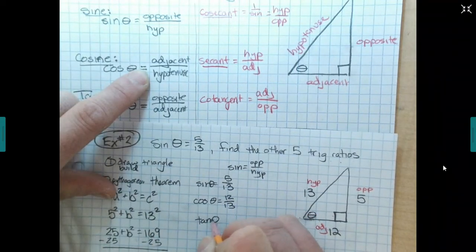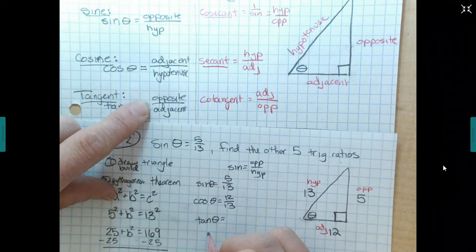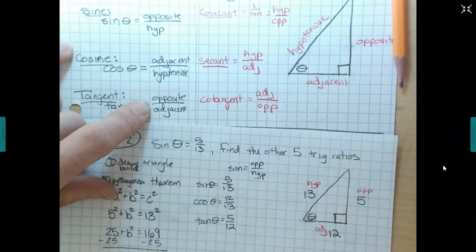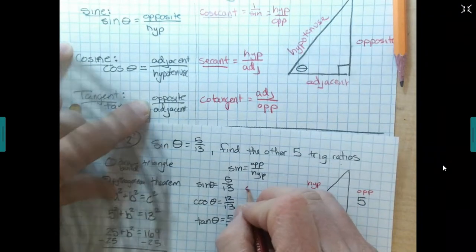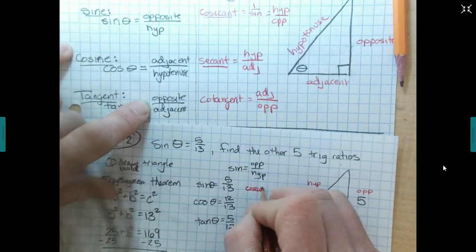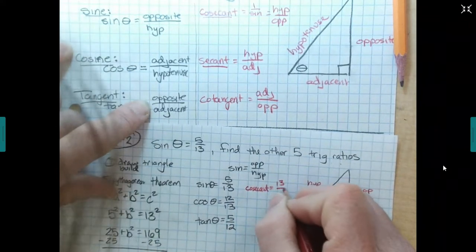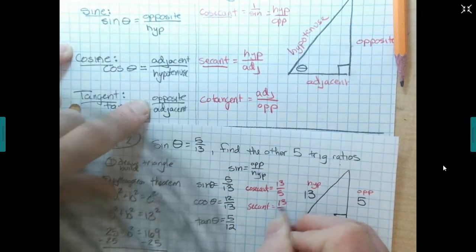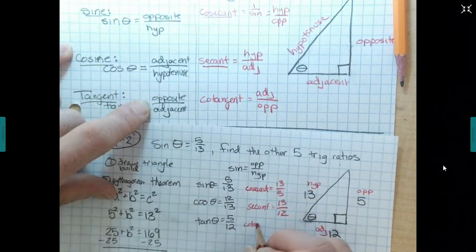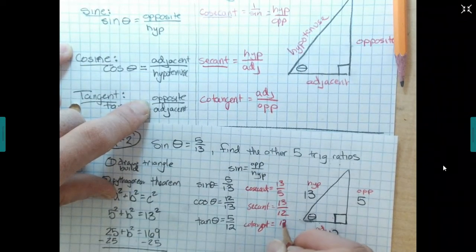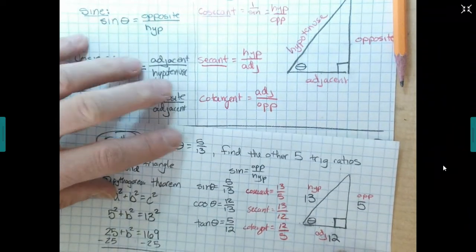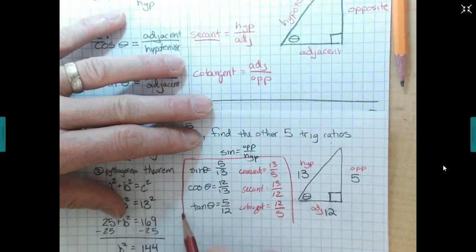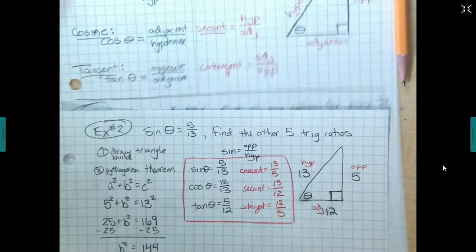And tangent of theta equals opposite over adjacent, 5 over 12. And then we do the opposite. Cosecant equals 13 over 5. Secant equals 13 over 12. And cotangent equals 12 over 5. So there are our six ratios.